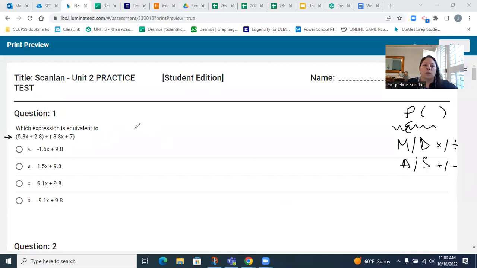And we're also going to use a couple of other strategies for this problem. The first thing I'm going to do is I'm going to write it out. 5.3x plus 2.8. And from that, we are going to add negative 3.8x plus 7. All right, so you were taught two different strategies on how to do this problem.